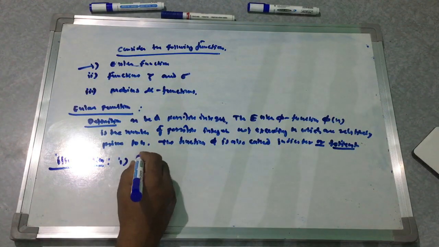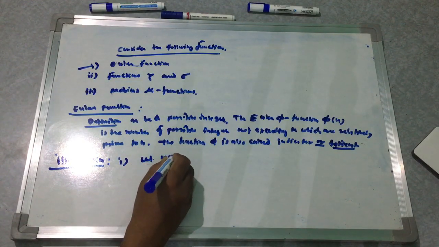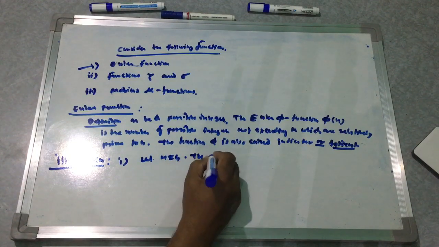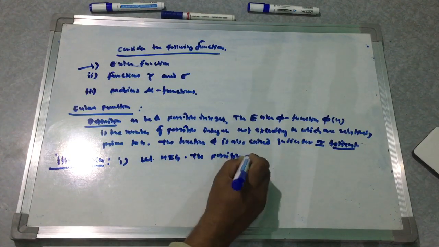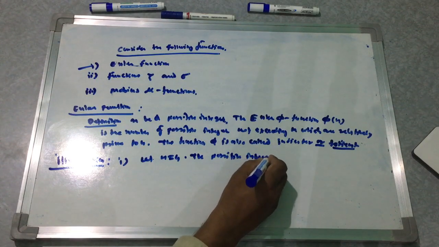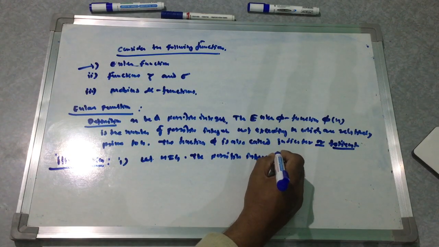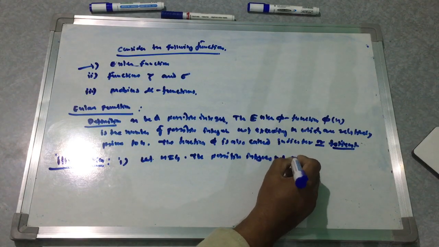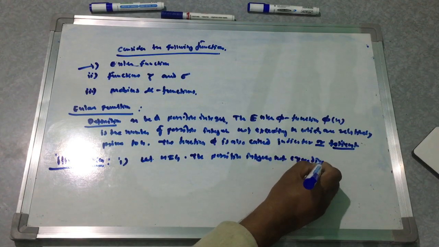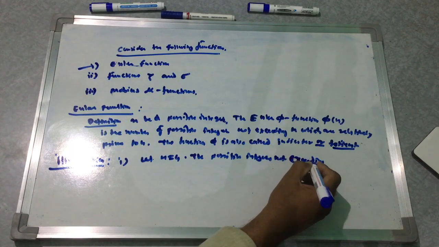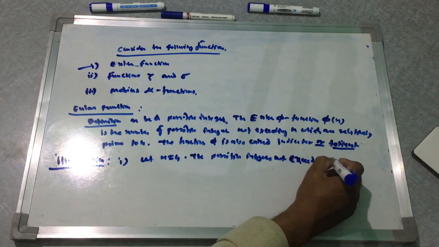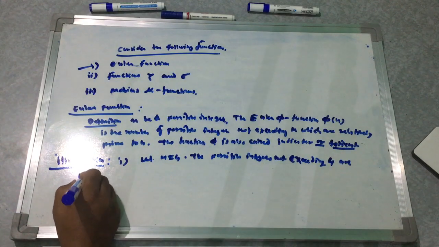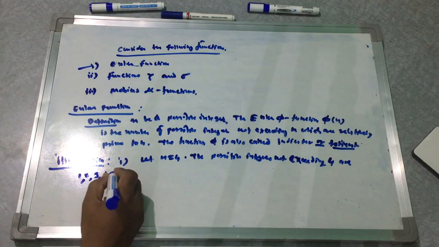So number one, suppose we have given n is equal to 4. The positive integers not exceeding 4 are the numbers 1, 2, 3 and 4.